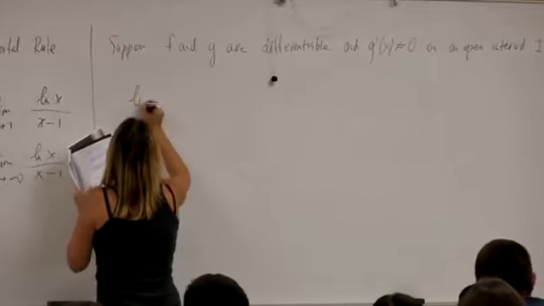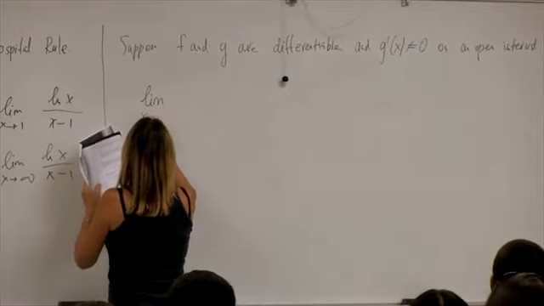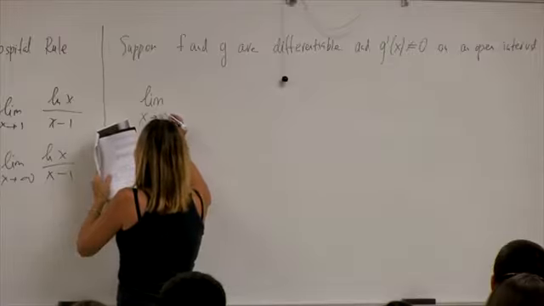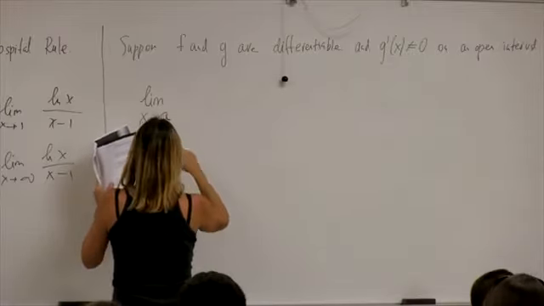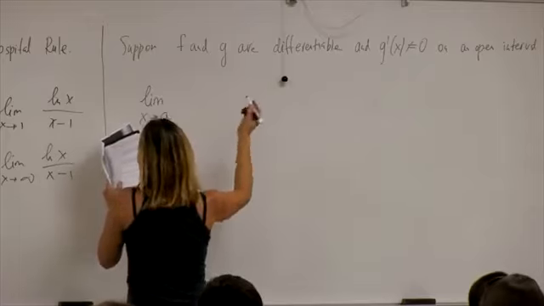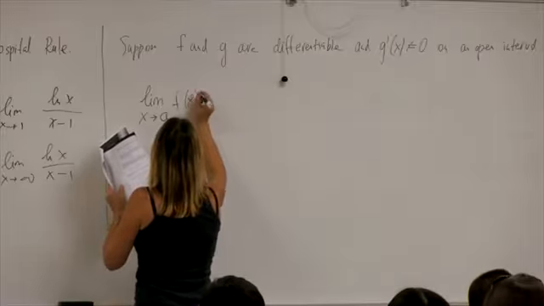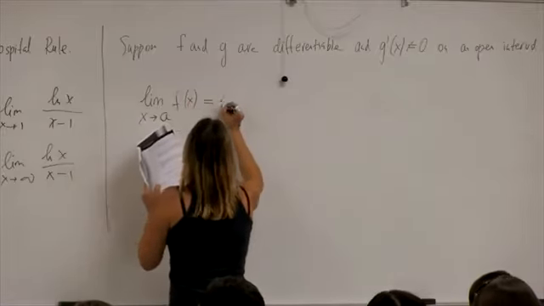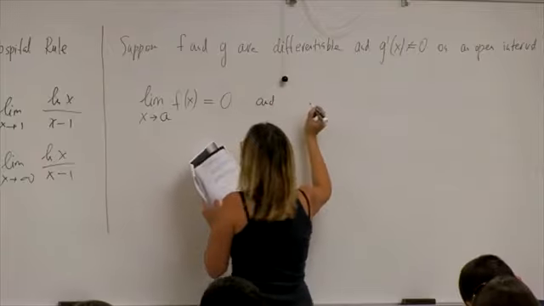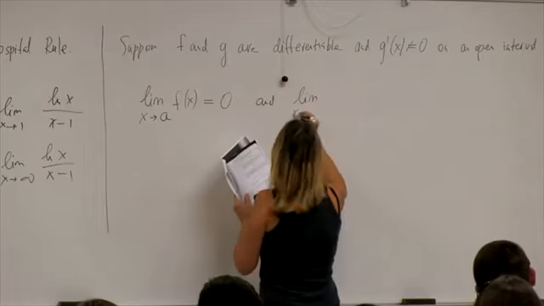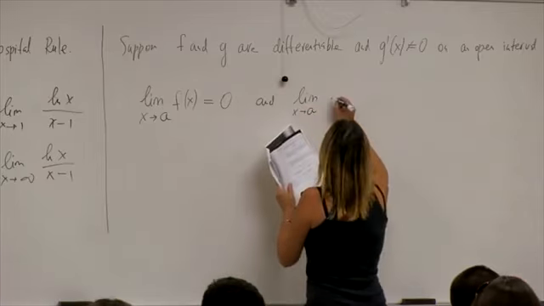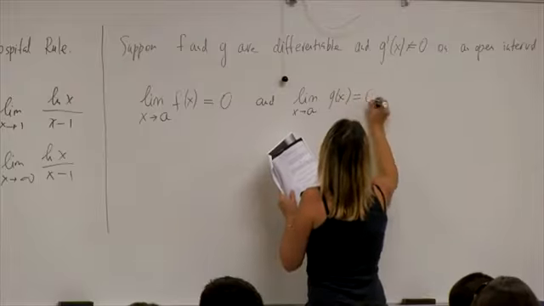We are going to look at the following limits. Let's suppose that as x goes to A, where A is some number in our interval, the function f goes to 0, and the second function, g of x, also goes to 0.